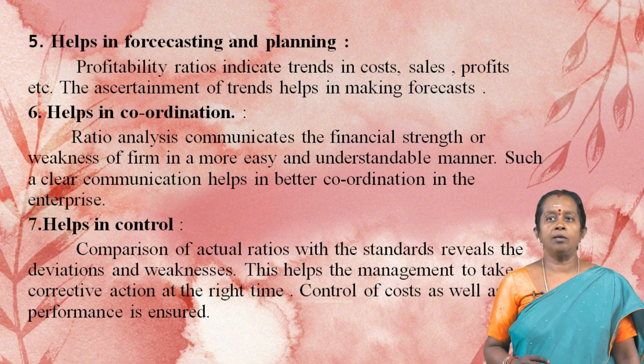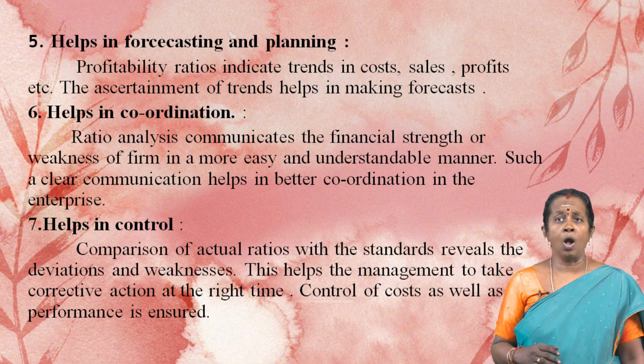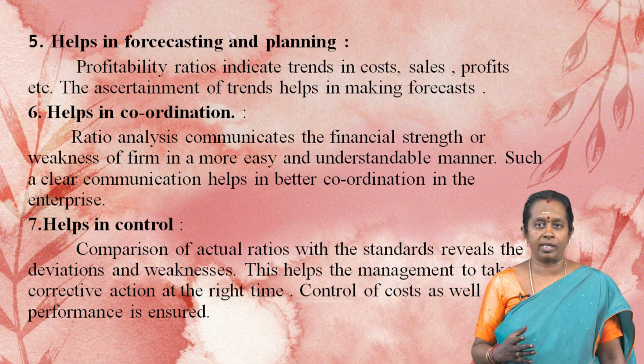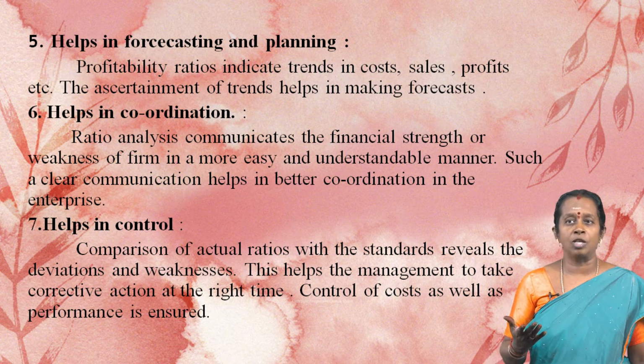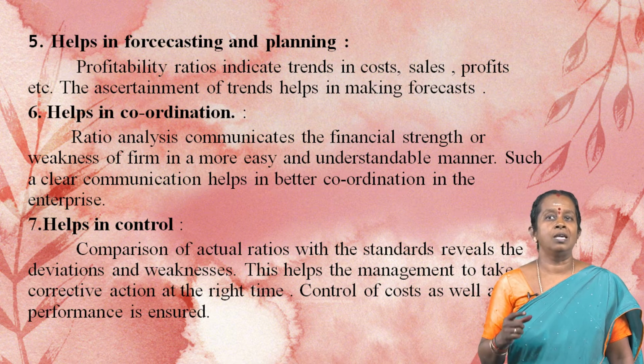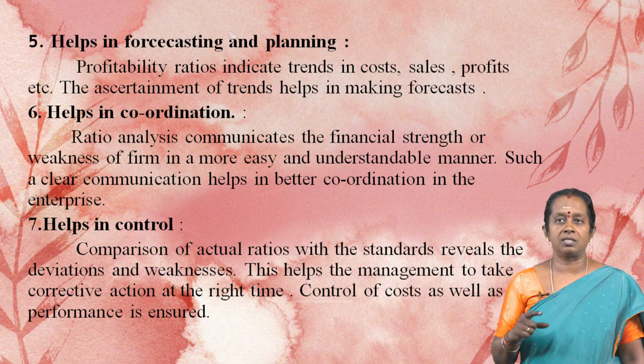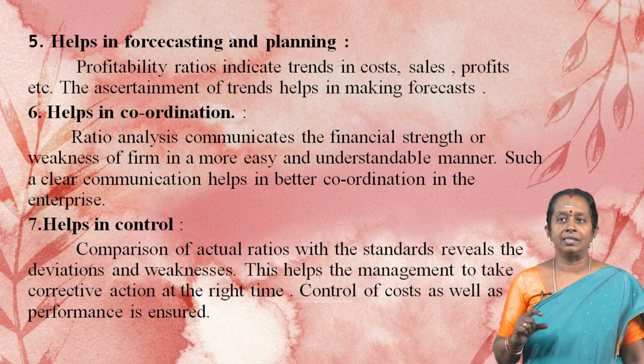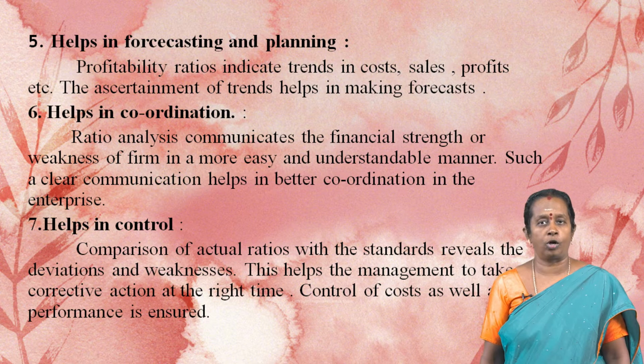Fifth one, helps in forecasting and planning. How they are supposed to forecast their future, how they are supposed to plan in advance. So here the profitability ratios indicate the trends in cost, sales, profit, etc. The ascertainment of trends helps in making forecasts.